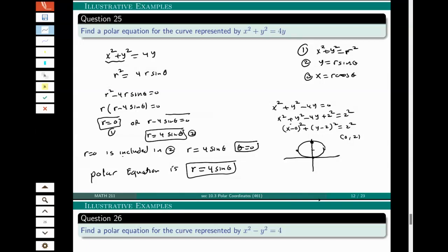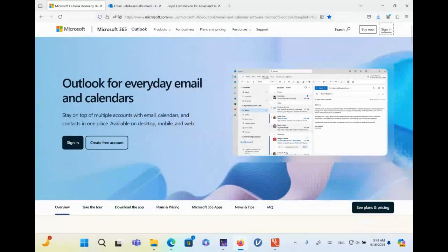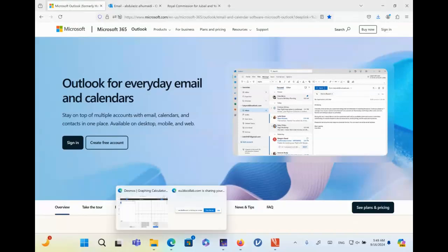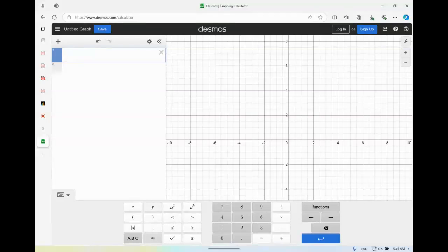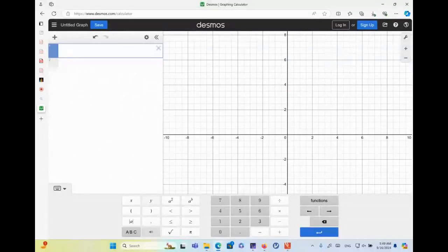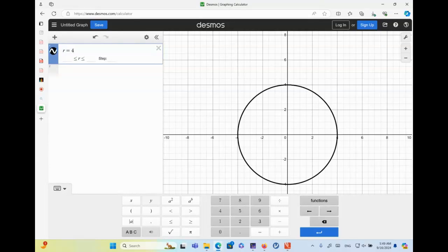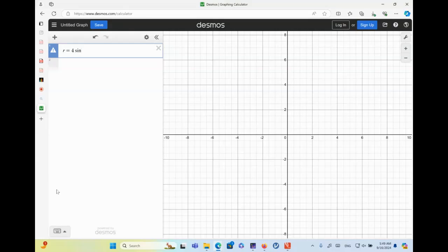If we do it in polar coordinates, where we said r is equal to 4 sine theta, are we getting the same? Okay, where is it? So that will be r is equal to 4 sine the angle theta.